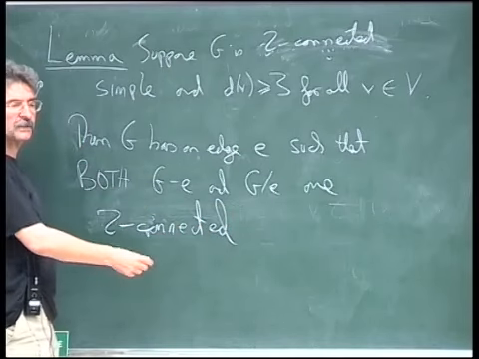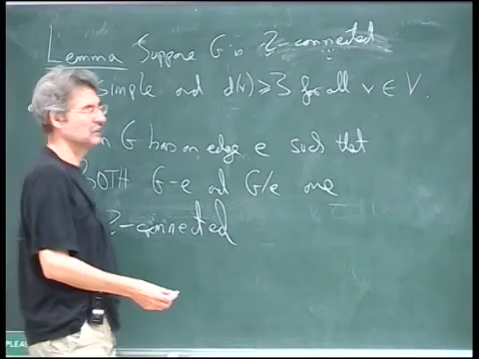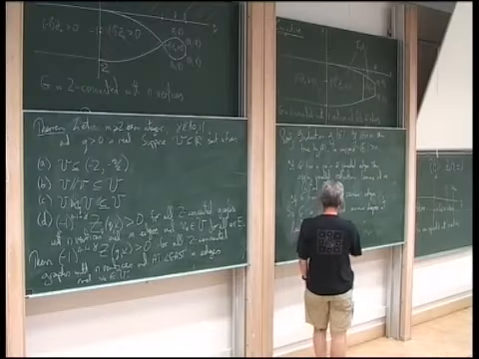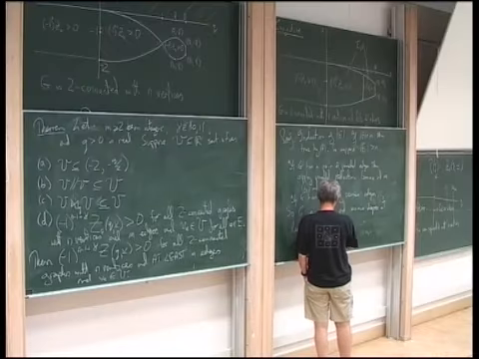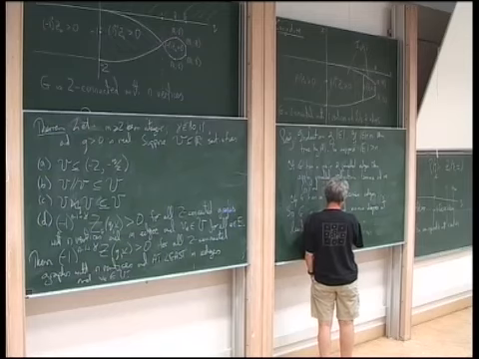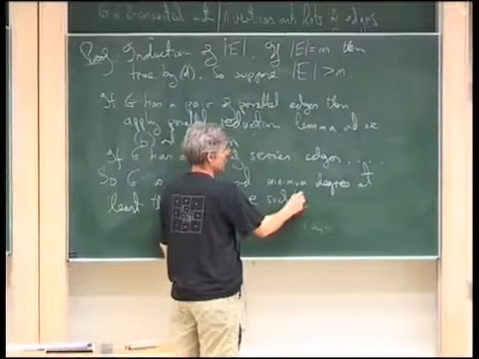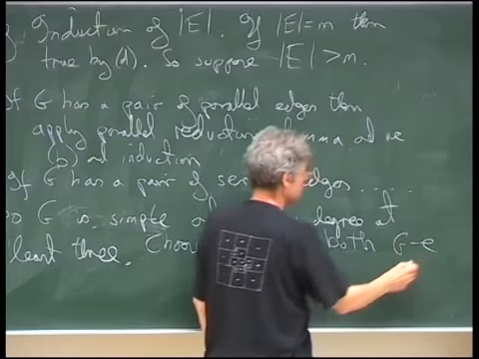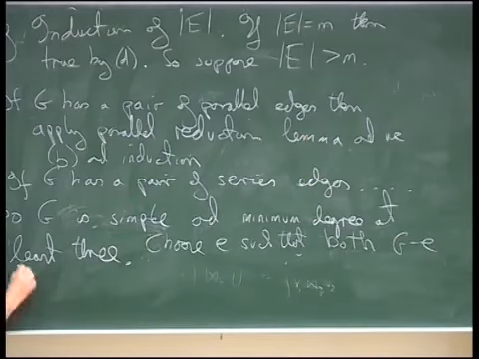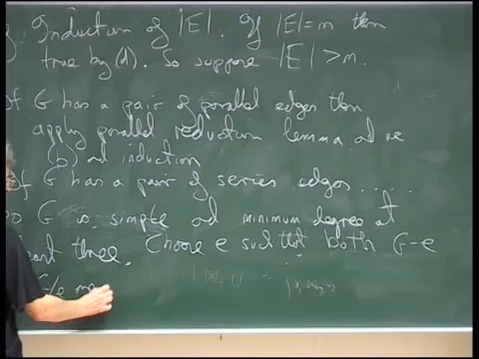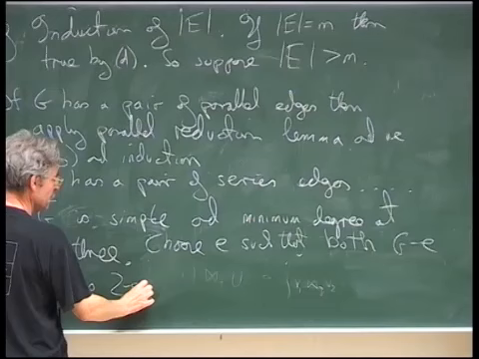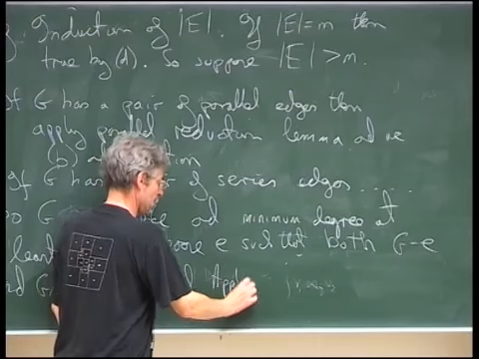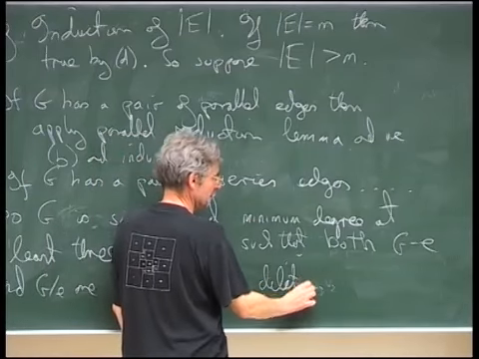So now we can use the deletion-contraction lemma. So choose e such that both G minus e and G contract e are two-connected, and apply the deletion-contraction lemma.